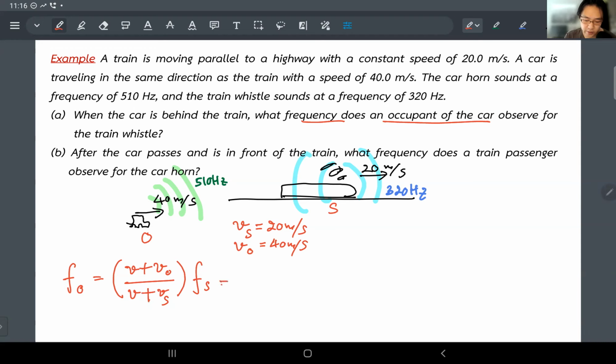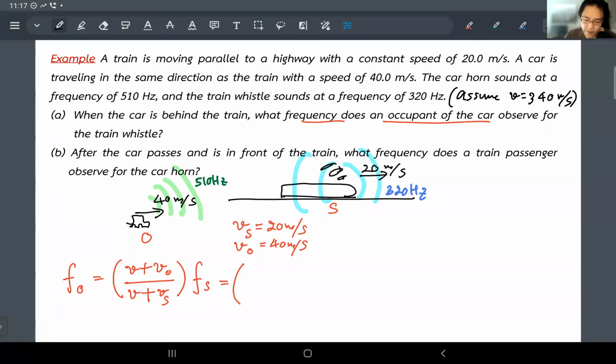The rest, just make sure that you substitute the correct numbers. Usually the speed of sound will be given, like maybe 340 meters per second. So let's assume V equals 340 meters per second. This is an average speed of sound. It could be 340, 345, 350, depending on the problem.